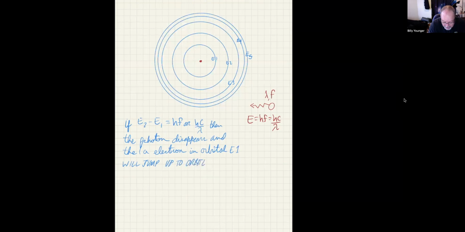I'm saying orbital E2, but it's really the energy of orbital 2 that is E2. So an electron would just jump, say, from here to here.